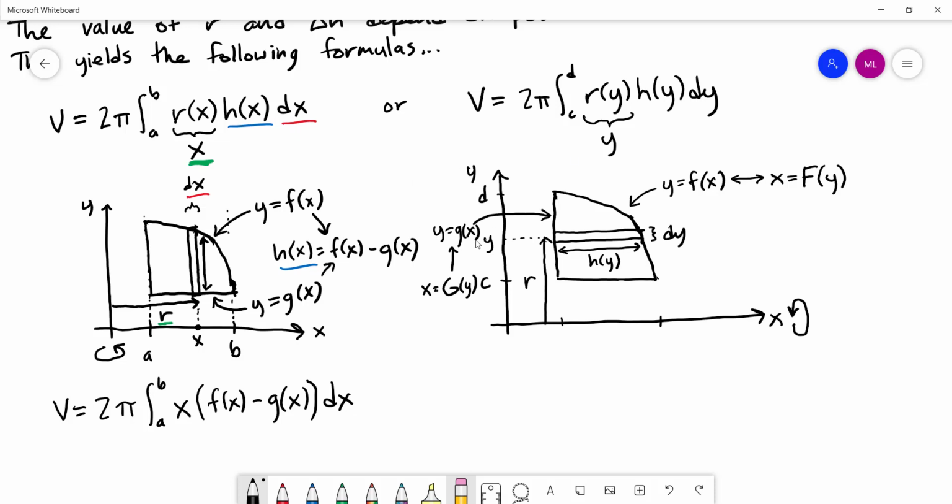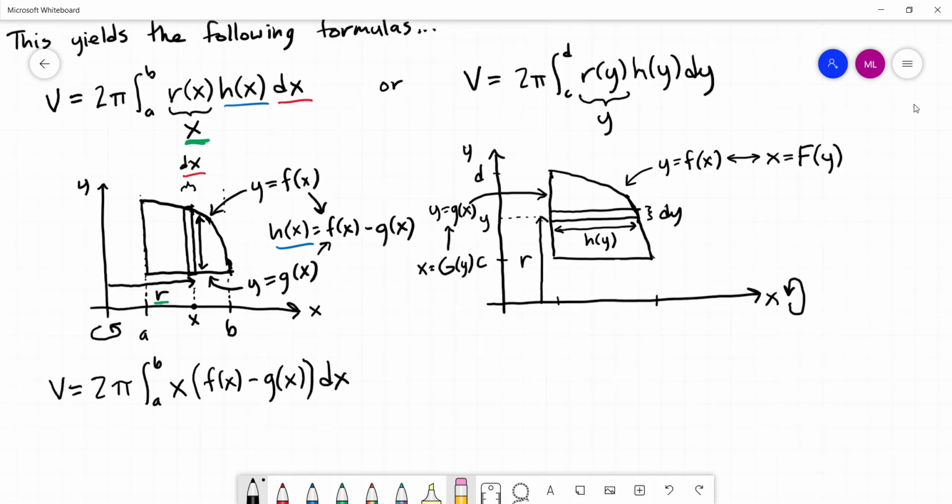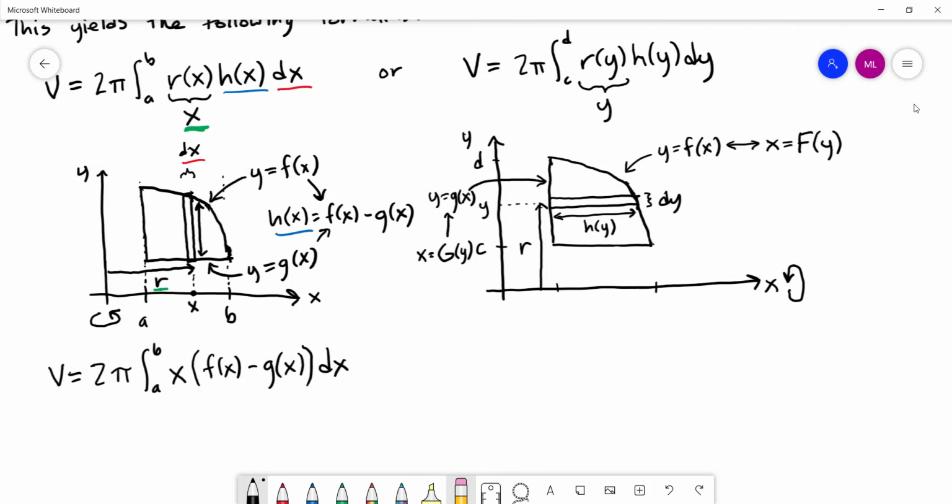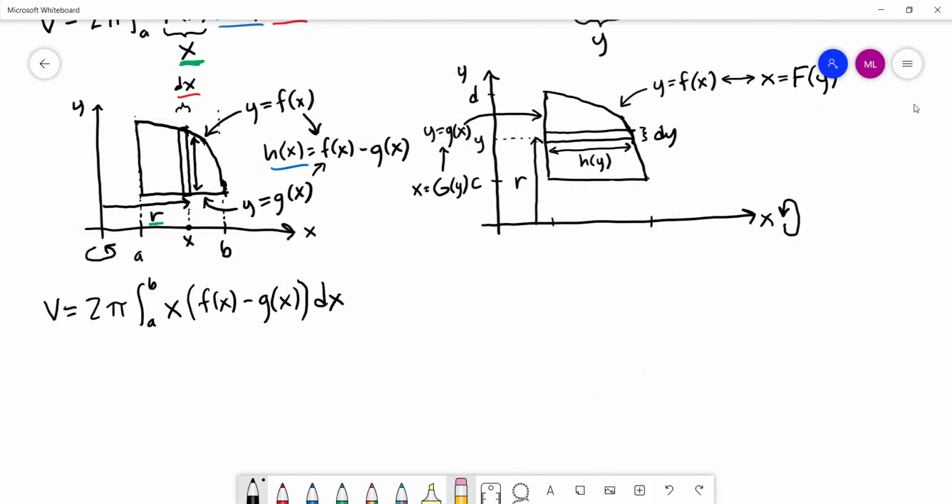So there's some extra work involved. And ultimately, our h of y would just be this one minus this one, the capital F of y minus the capital G of y. That would be our h of y.